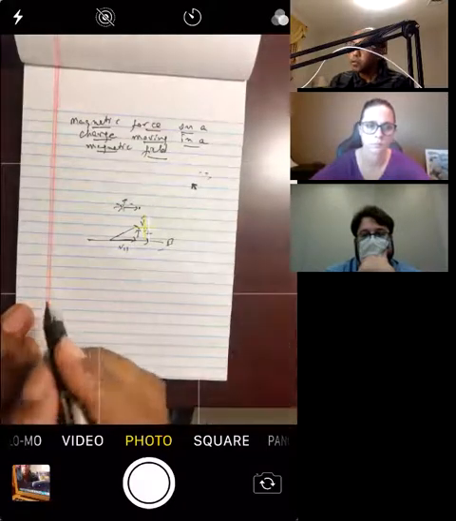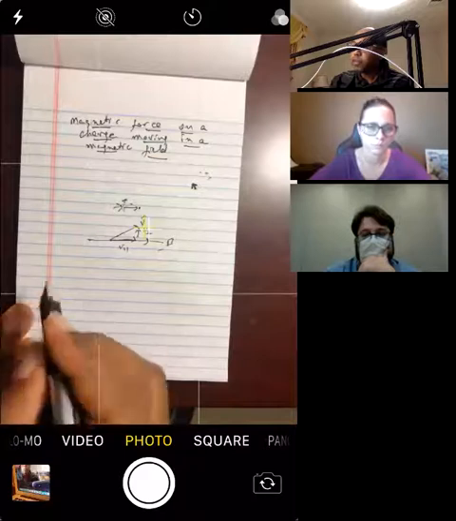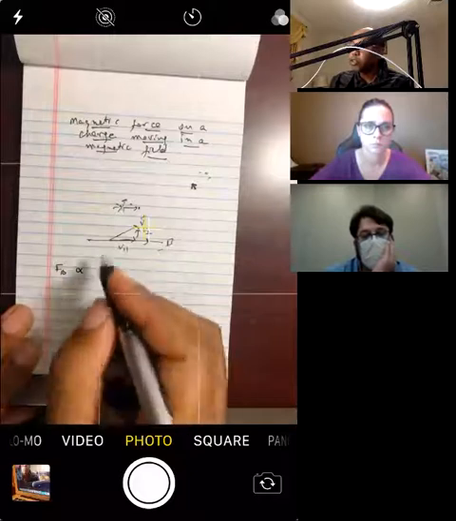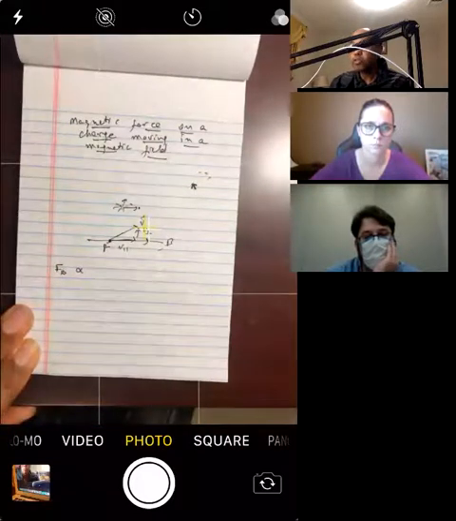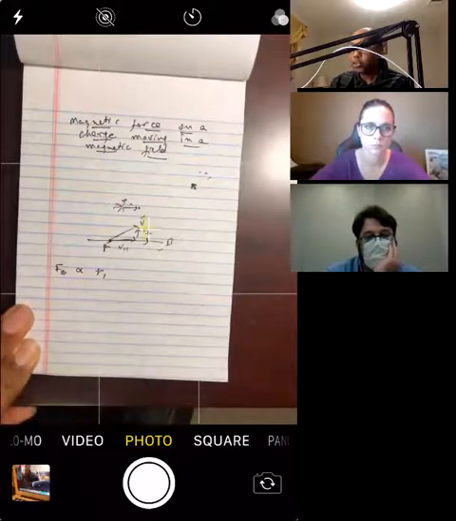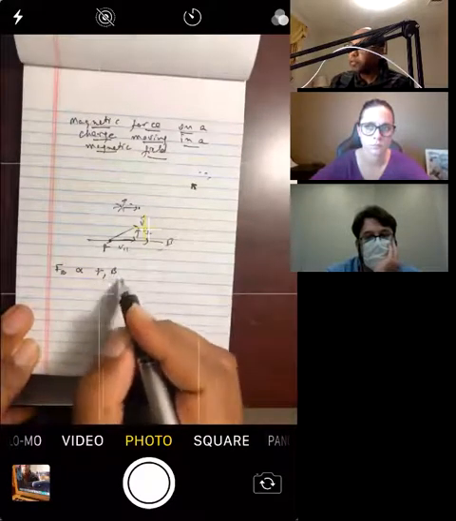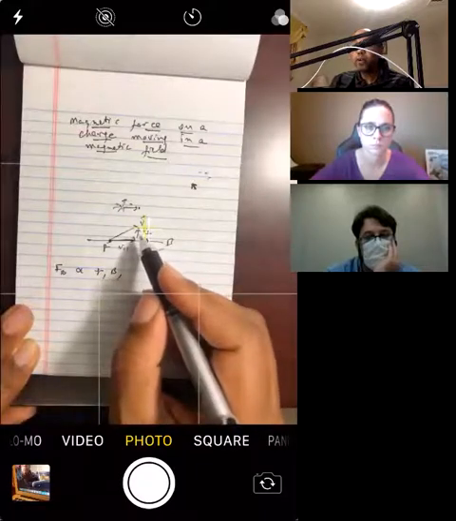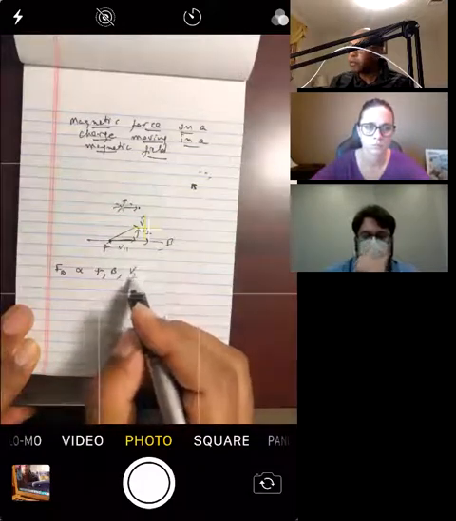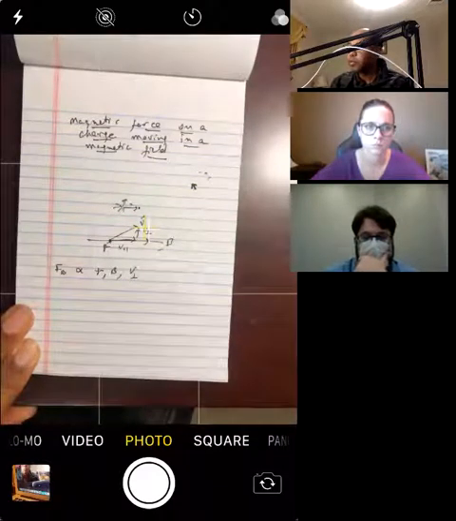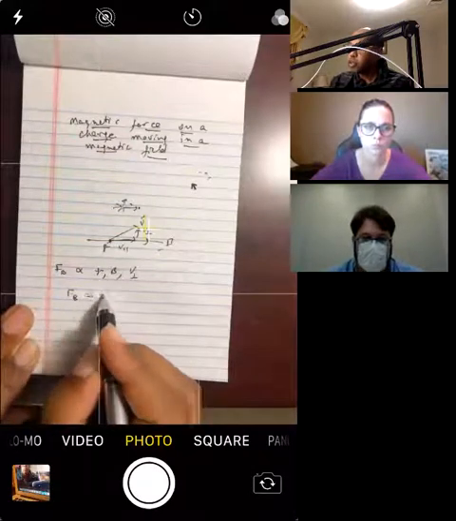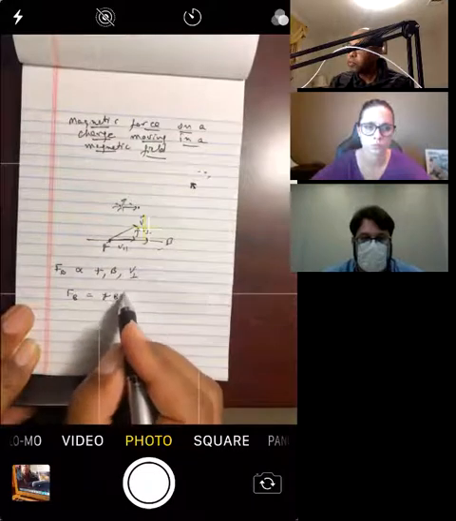Okay, so let's look at what factors the force depends on. Let's call it FB. This is proportional to the charge of the particle. Of course, it's proportional to the strength of the field, but then it depends on the perpendicular component of the velocity. It doesn't depend on the component parallel to the field. Those are the three factors it depends upon. So it's defined to be the charge times the field times v perpendicular.